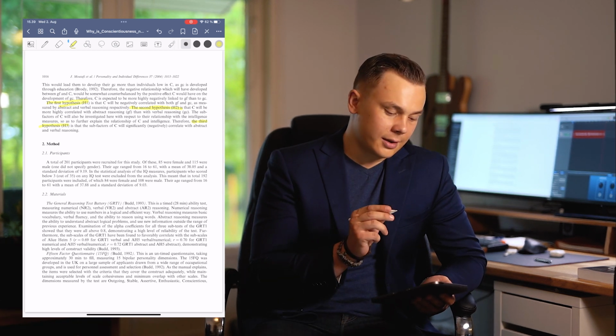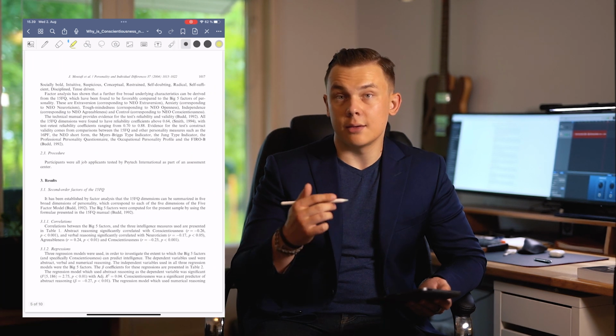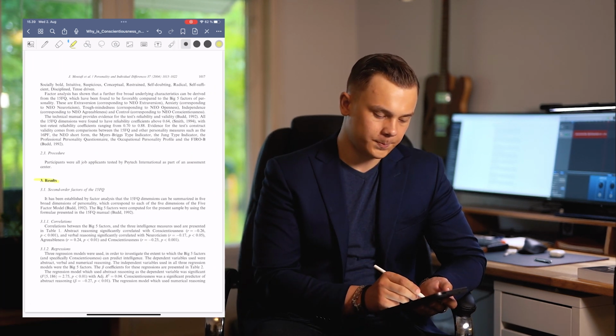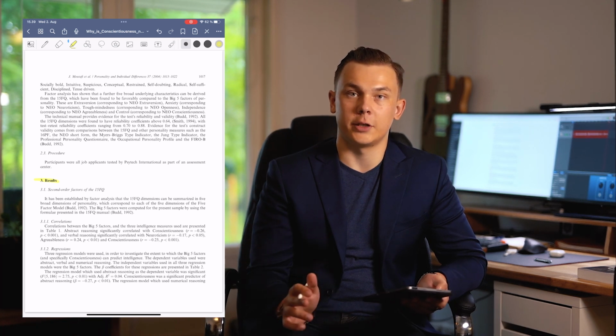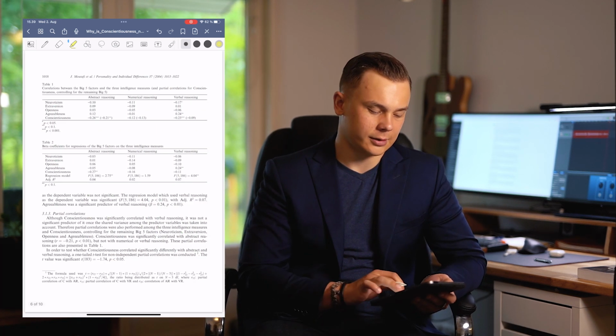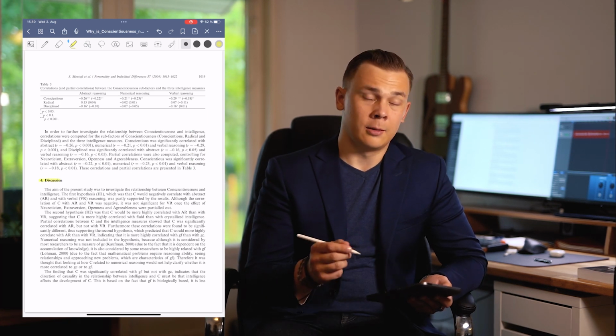Then, after the introduction, we have the method, which describes the scientific method that the researchers went through to arrive at the conclusions, which is the next part, so results. What results were we able to derive from this research? That's the results section. Then, after that, we have the discussion. It sometimes is called conclusions, sometimes it's called discussion, sometimes it's called something different.